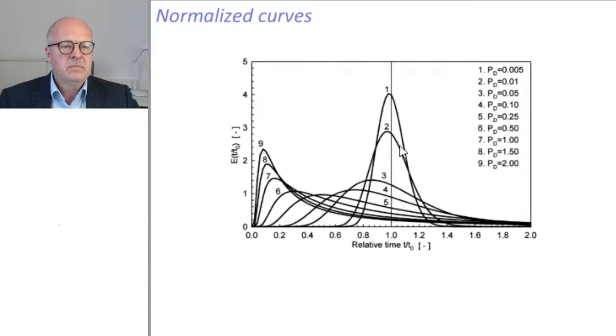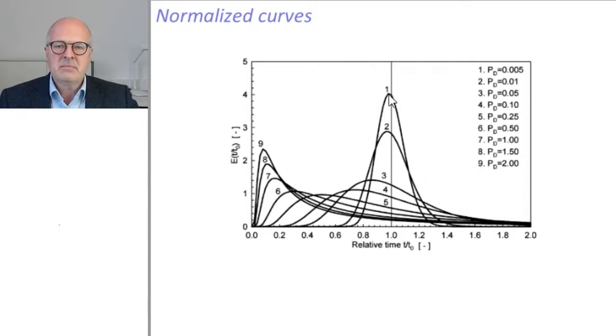Now, let's have a look at number 1. In this case, our dispersivity is much smaller, so it's not 0.1, it's 0.005. In this case, we get almost a Gauss curve, so we see that the tracer movement as a function of time is almost symmetric.